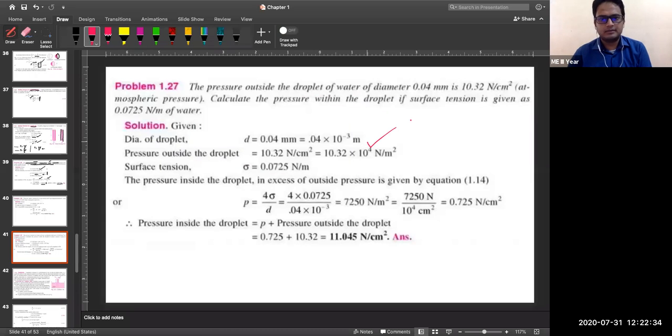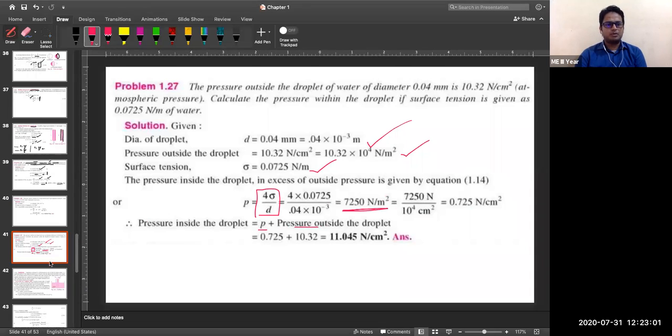Diameter is given, pressure outside the droplet is given, surface tension is given. The formula you all know for a water droplet, this is the formula. So from here you are getting some pressure in Newton per meter square. So the pressure inside the droplet will be equal to this pressure plus the pressure outside the droplet.